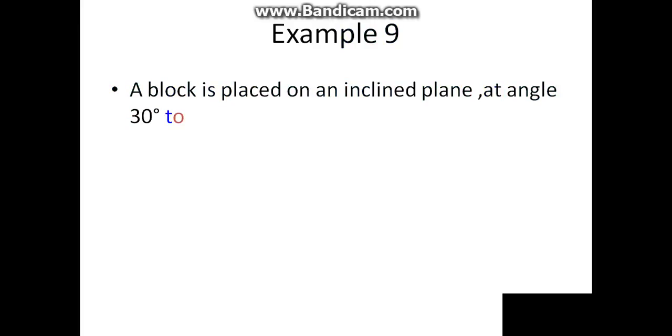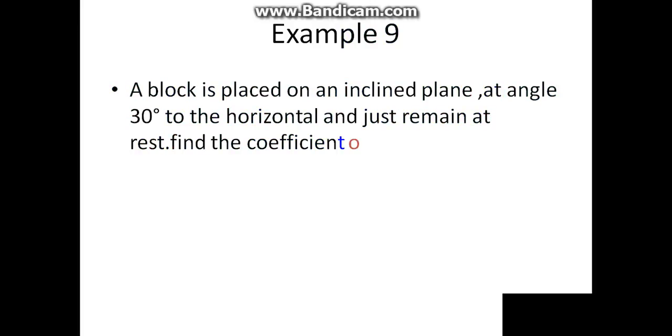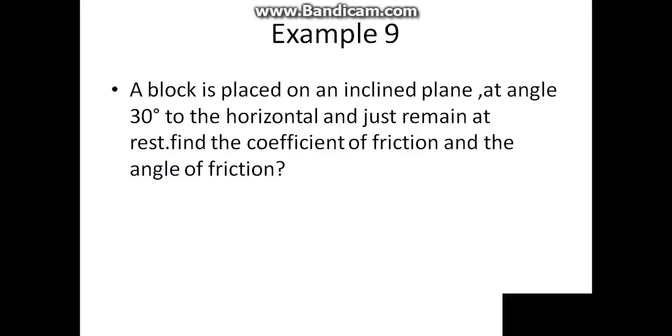Example 9. A block is placed on an inclined plane at angle 30 degrees to the horizontal and just remains at rest. Find the coefficient of friction and the angle of friction. Looking at the diagram, a force F is pulling the body, which has a smaller resistance frictional force.